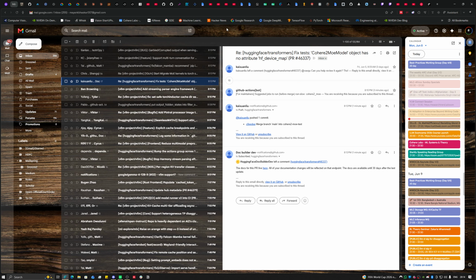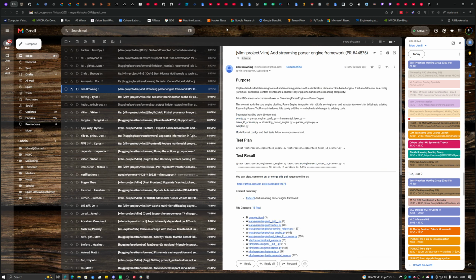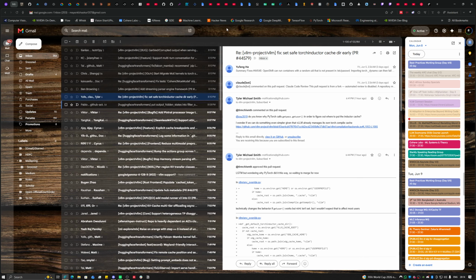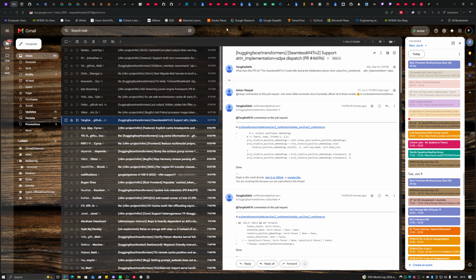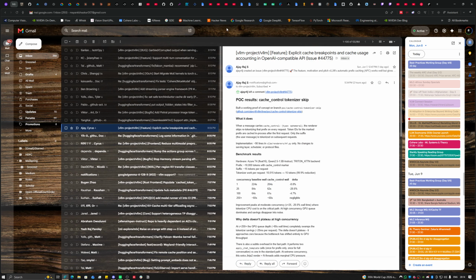Cohere to MoE model object. Process image token properties. Support attention implementation SDPA dispatch. Explicit cache breakpoints and cache usage accounting in OpenAI compatible API.